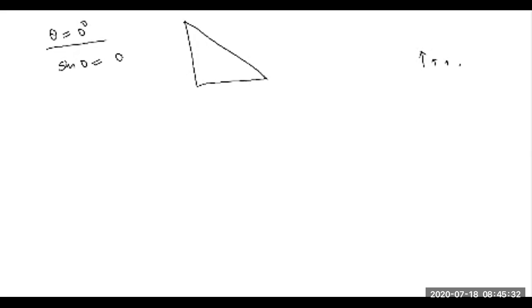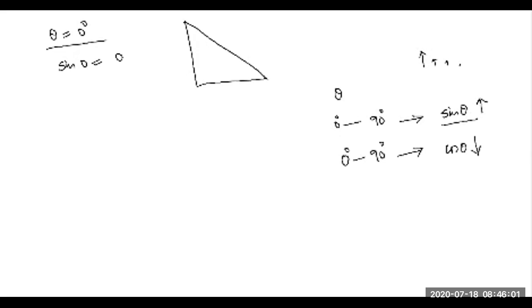And you see students, one more thing, theta is increasing from 0 degree to 90 degree. The value for sine theta is also increasing. Why? Because the opposite side is increasing. And students, when theta is increasing from 0 degree to 90 degree, interestingly, the value for cos theta decreases.